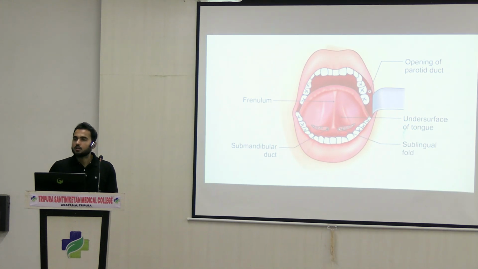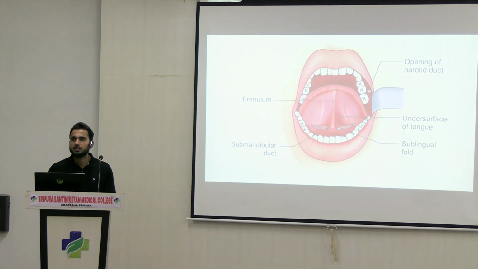Now if a gland is there, I hope you know it has nerve supply, blood supply, everything, right? In the beginning, when I discussed the ganglia, I mentioned that if you understand the submandibular ganglion connections, it will be very easy for you to understand the nerve supply of the gland.